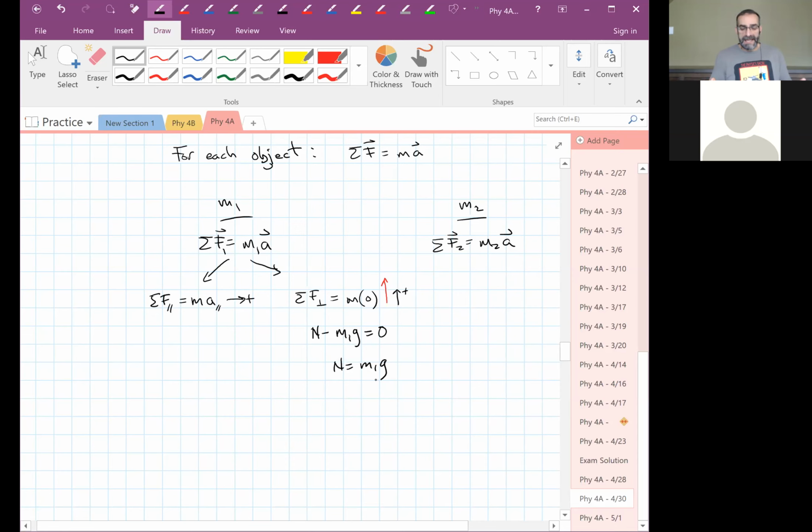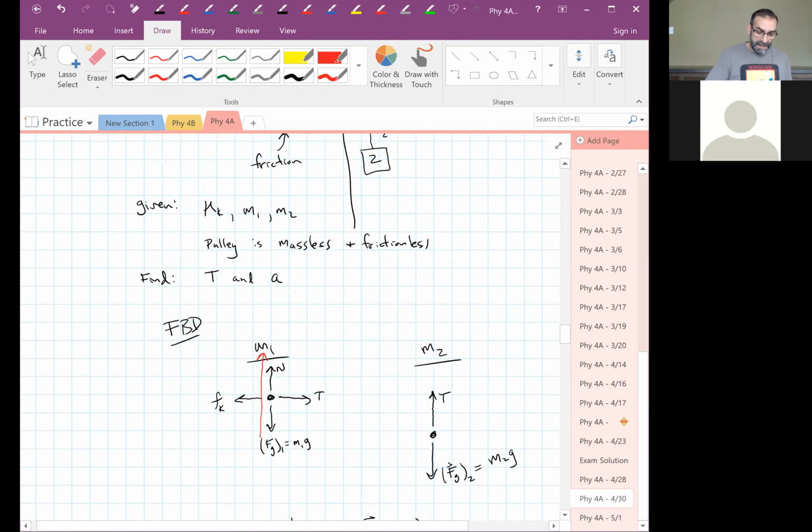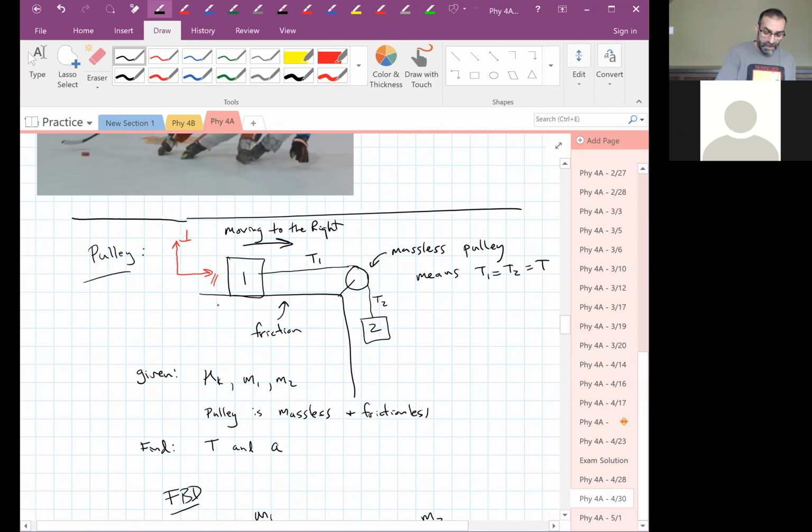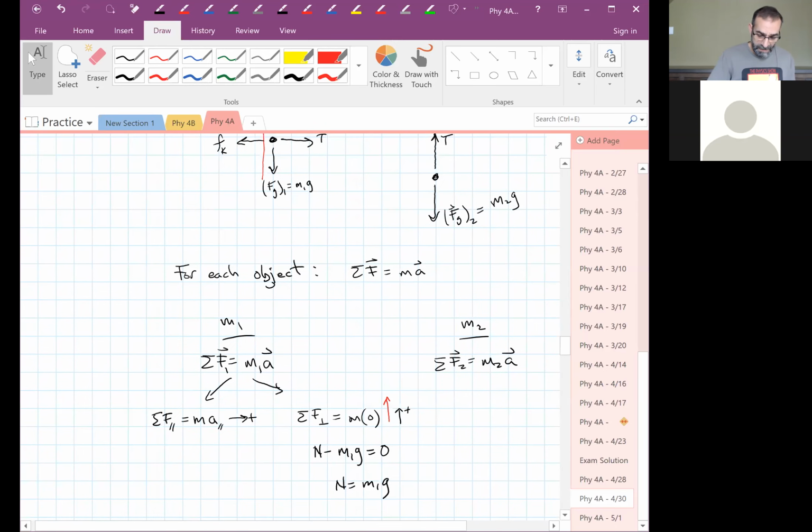We knew that already because, why did we know that? Because the surface is horizontal and the string is horizontal, right? If the string was pulling at an angle, then that wouldn't be true. We'd have to figure it out from this equation. If the surface was at an incline, that wouldn't be true either, right? But in this case, it was simple, but not always simple. Okay, so now we know our normal force.